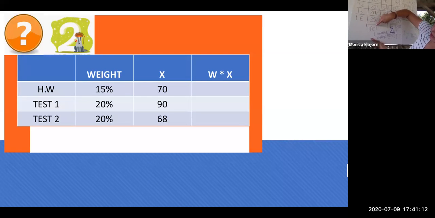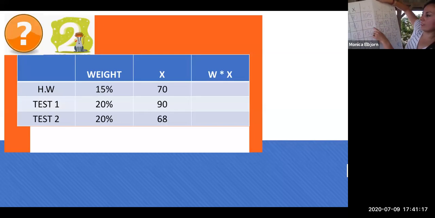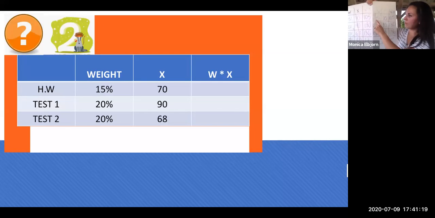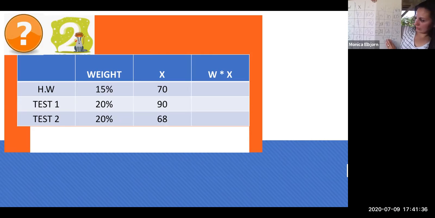So 100 minus 45, that's 55. But what we did is we added the weight of the first homework, and the weight of your first test, and the weight of your second test. So 15 plus 20, that's 35, plus 20, that's 55%. So these three things are 55% of your 100%.